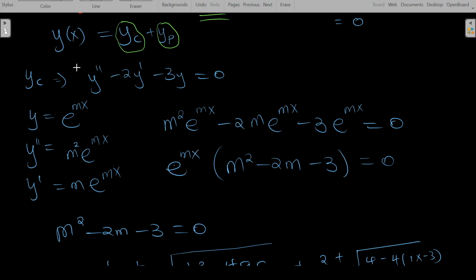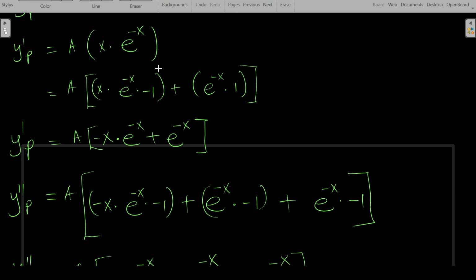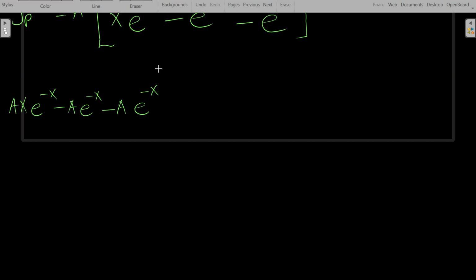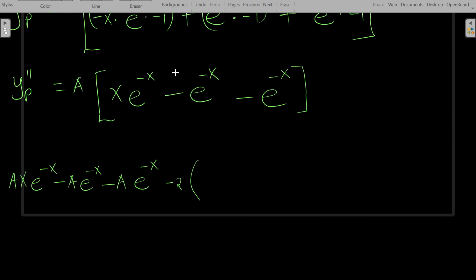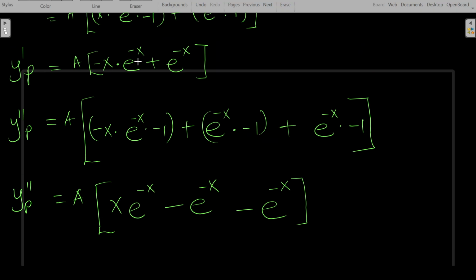So here we have completed this part. So let's go minus of y prime. So let's do minus 2, and include brackets. So it will be minus 2 of y prime, sorry. So this y prime, if I can clean this a bit, I should get negative ax e raised to negative x plus a e raised to negative x.